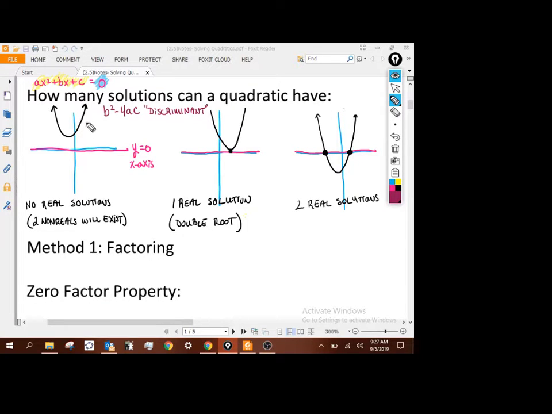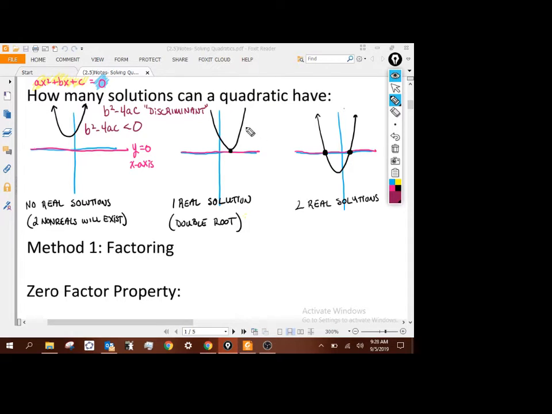If b squared minus 4ac is less than 0, think about this. If what is underneath the radical is less than 0, then you've got the square root of a negative, right? And the square root of a negative incorporates i, correct? Okay, we have to bring in the imaginary numbers. And that identifies to us that we have no real solutions. Okay? So that's what allows us to discriminate between having no solutions, one solution, or two solutions.